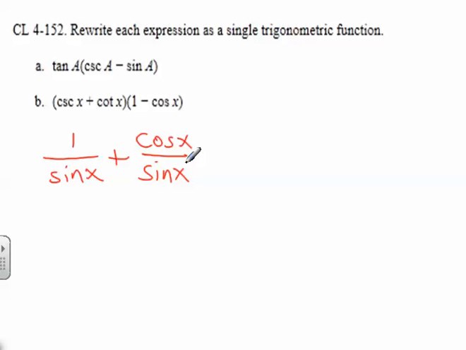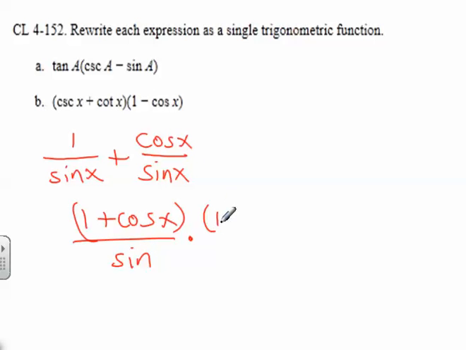So helpful when you memorize these because it makes things faster. Oh, I noticed right here, this has a common denominator, so I'm going to go ahead and put that together as 1 over cosine of x over sine. And then I'm multiplying that by 1 minus cosine of x over 1.